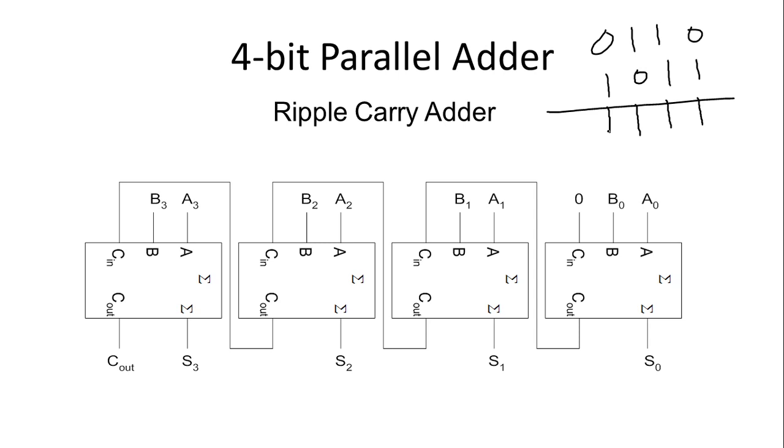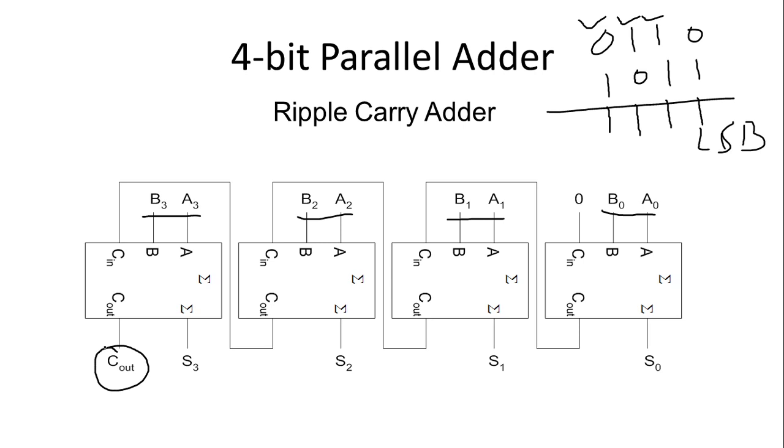So it takes A0 and B0, the least significant bits, the first ones, then A1, B1, the second ones, then A2, B2, the third ones, and A3 and B3, the fourth ones. And finally there is the C out.